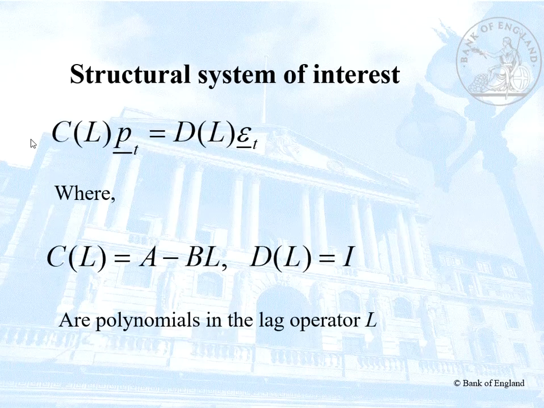So the lag function of Pt equals the lag function of the error term, where C(L) is a function of the lag operations, and D(L) is, in this case, an identity matrix, but in some other cases it can have a kind of structure.